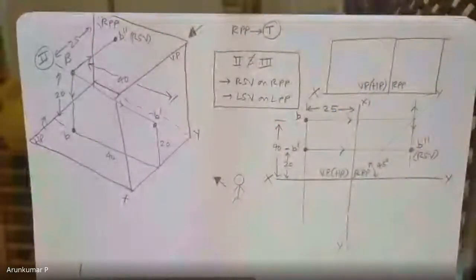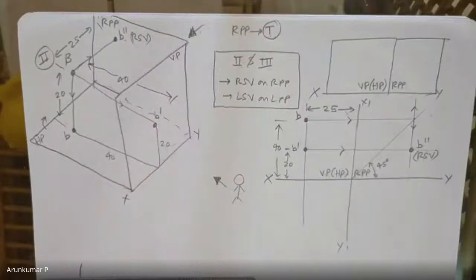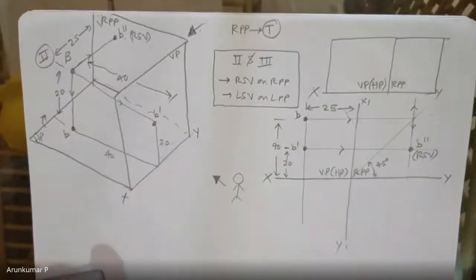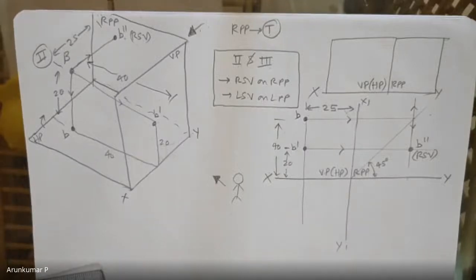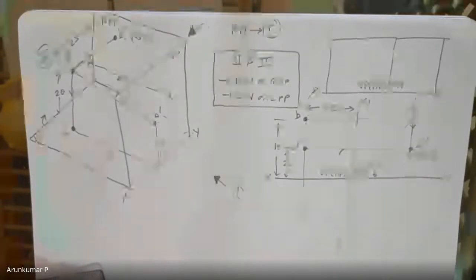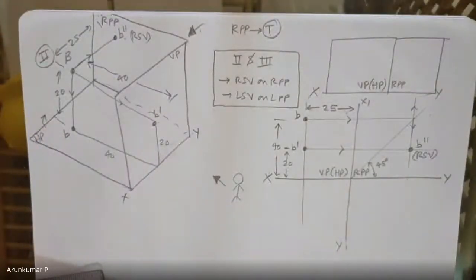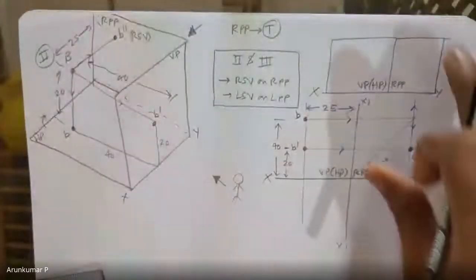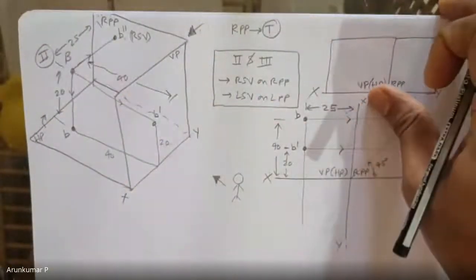So we have a problem here. You can take down the statement of the problem. It is a point B, capital B, 40 mm behind VP. I think I'll write it down here.